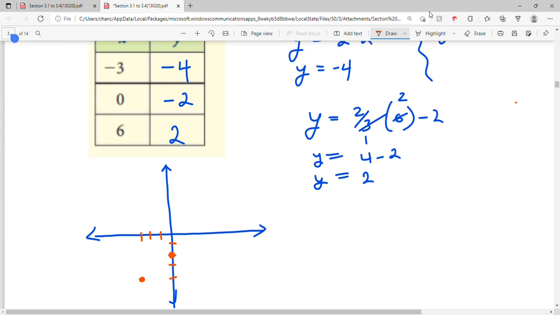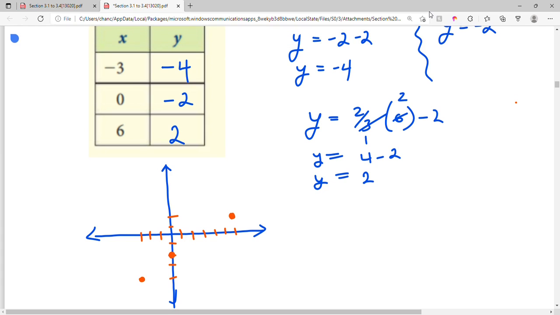And the last point, 6 comma 2. 1, 2, 3, 4, 5, 6, and up 1, 2. This is the point 6 comma 2. And if you look carefully and connect all of these points, they actually form a straight line. So these 3 points are actually collinear. They're on the same line.